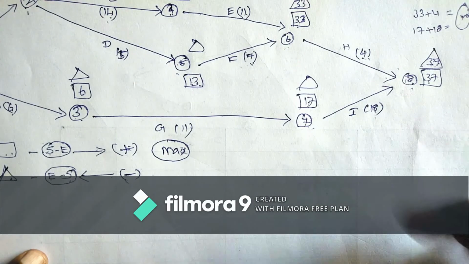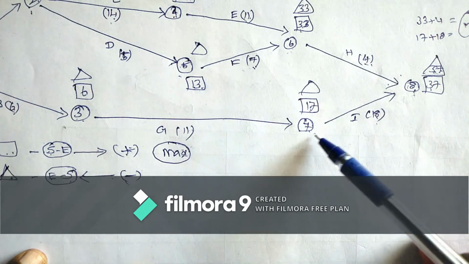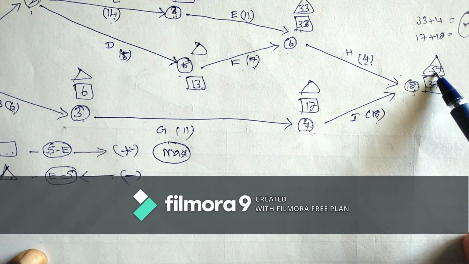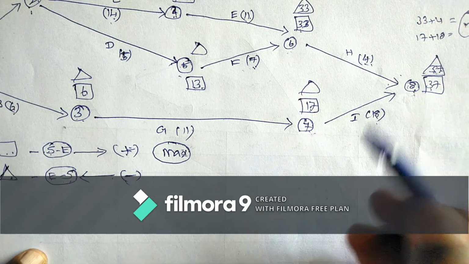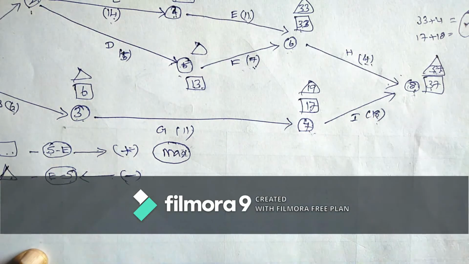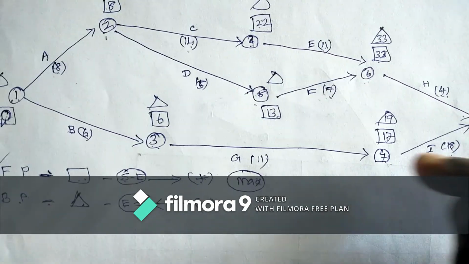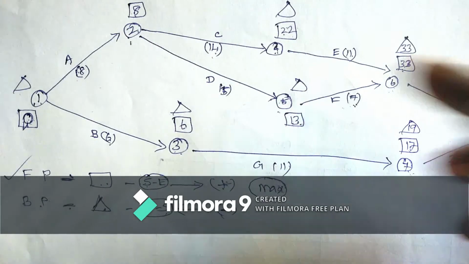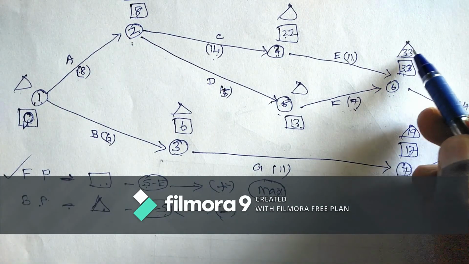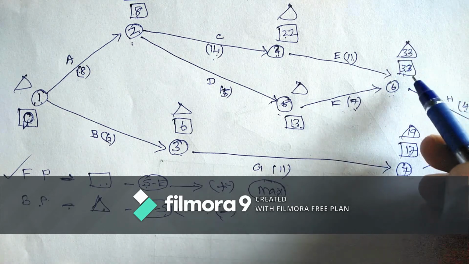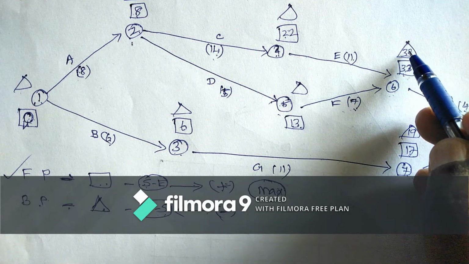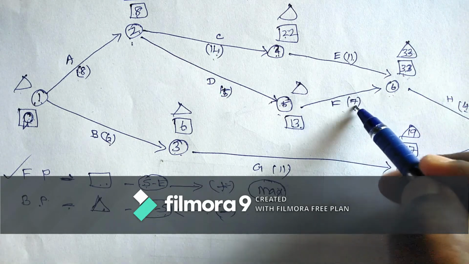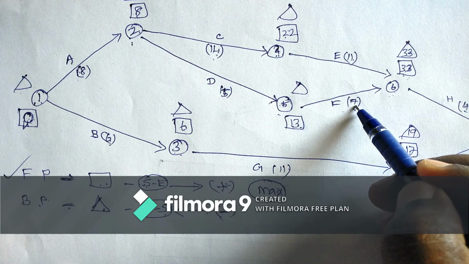Same way, 8th one over, then 6th one, 7th one. 37 minus 18, here 19. And 7th one over, 6th one over, now the 5th one. Here the next value is 33, not this 33, since we are now finding backward pass values. So the backward pass value is 33 and the current value is 7.